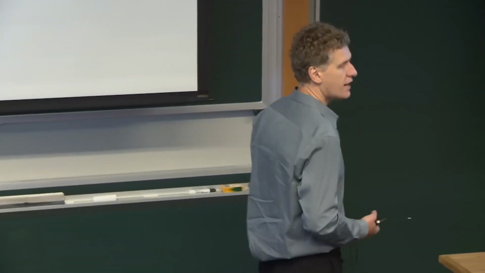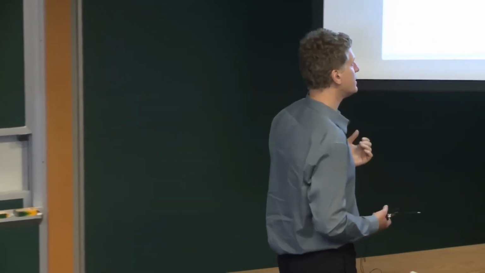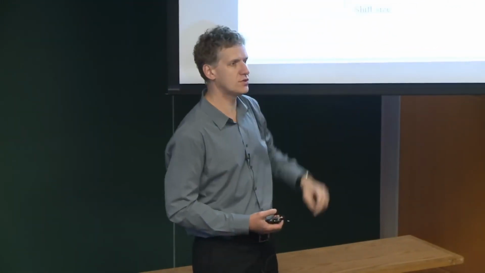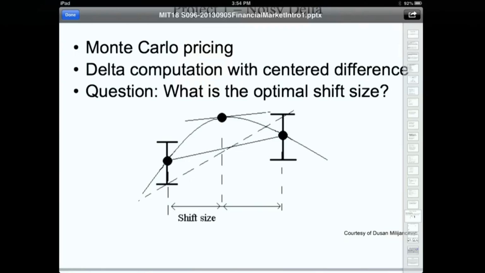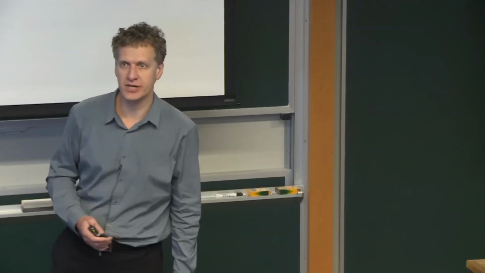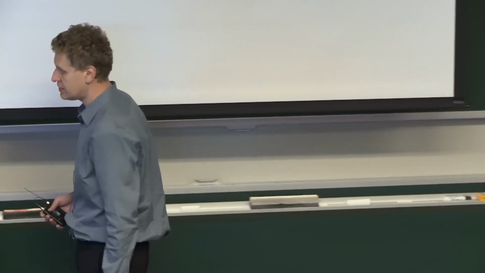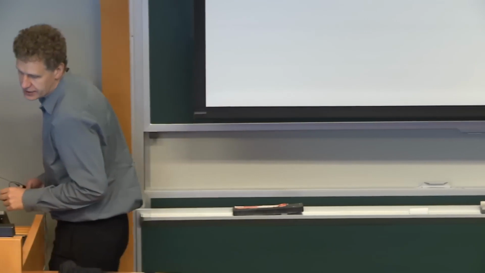Or the other solution could be, if you know that your function is not too concave and reasonably flat, you might do the numerical differentiation on a wider interval, basically reducing the significance of the error. And you would hope to arrive at a better approximation. So obviously there is a balance somewhere, and the question was, is there an optimal shift size to obtain the derivative?